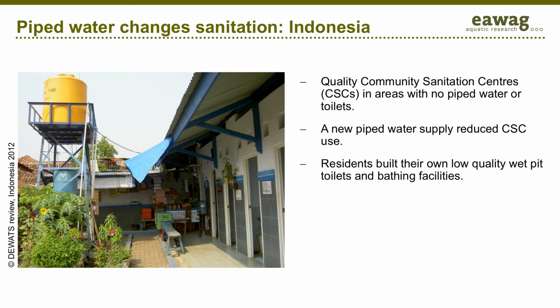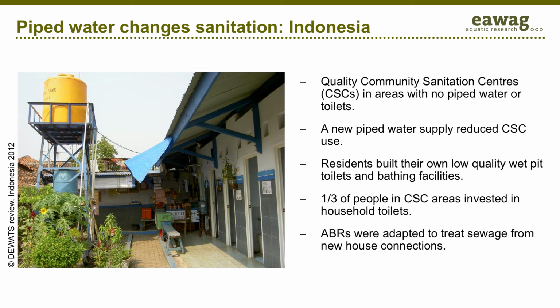Now, where households had the space, they often chose to develop their own private toilet and bathing facilities. However, the systems households built were often low-quality wet pits. So, in some places, a simple sewer system was developed to transport the household blackwater and then treat it in an anaerobic baffled reactor, which was part of the community sanitation center.